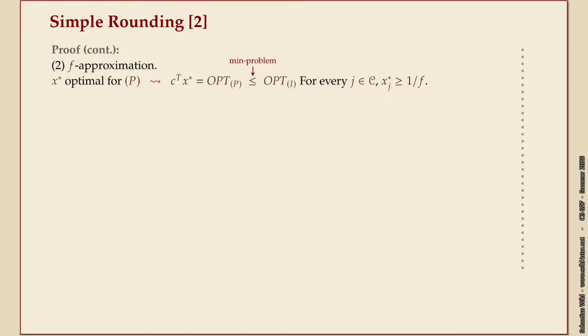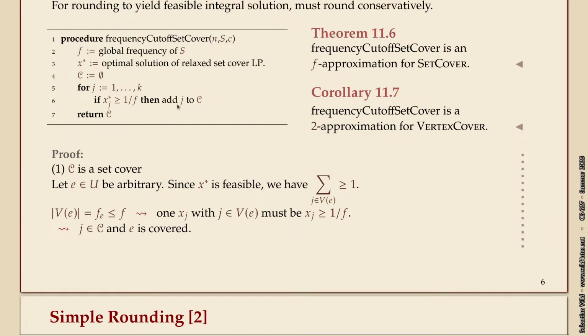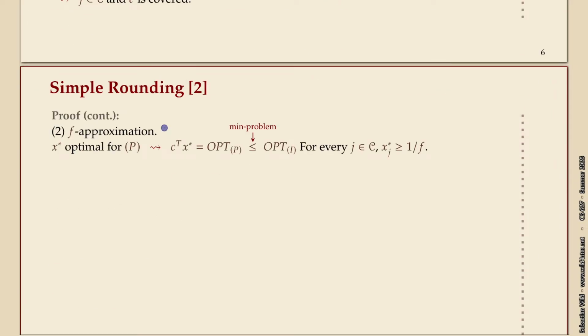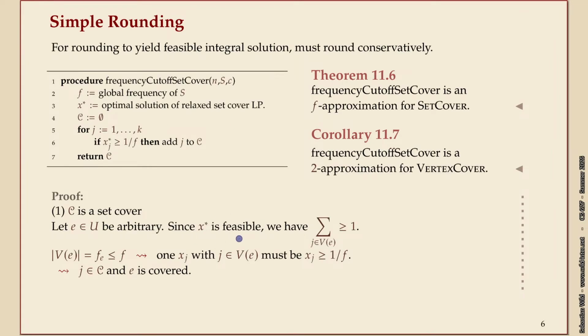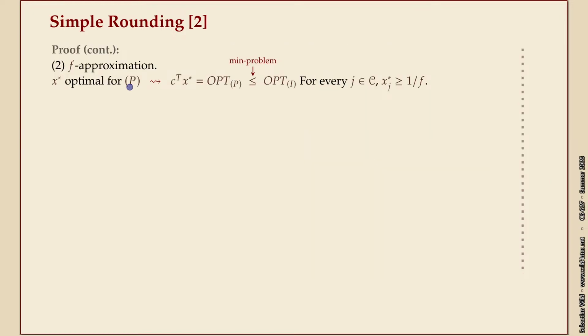How about the cost? So we have to show that whatever the algorithm here outputs is an f approximation. So far this was only using the feasibility of x star. Now we're using that it's an optimal solution of the LP, which means we have this c^T x, the optimal solution of the LP problem. And that's a lower bound on the optimal solution for the integral problem. And for all the sets that we picked, we have this lower bound on the xj entry, 1 over f.